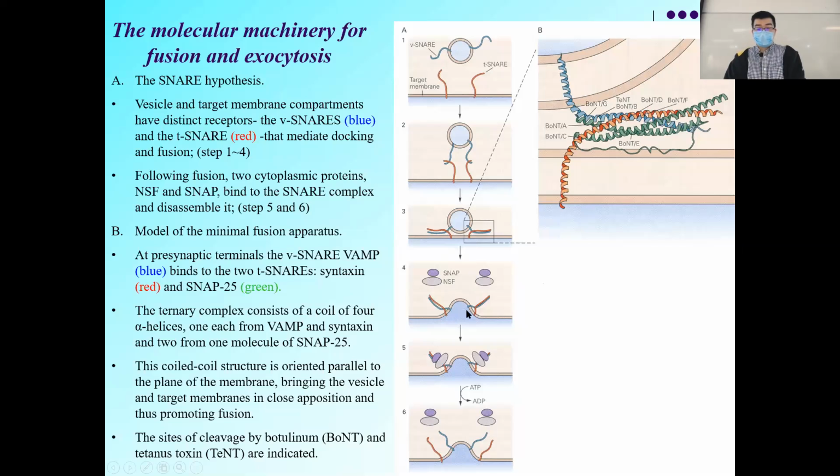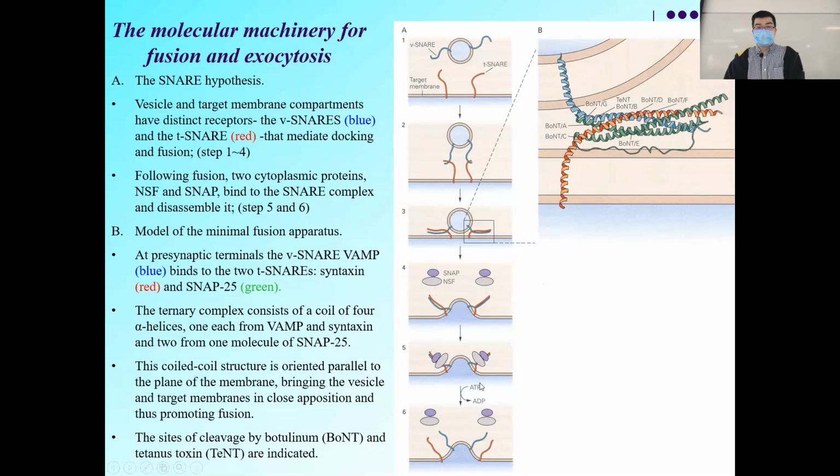This structure is pretty stable, so you need a protein using ATP to release them. That's where the energy comes from.